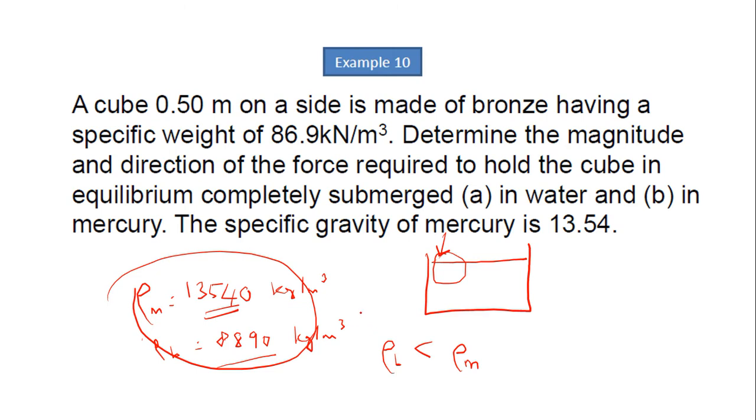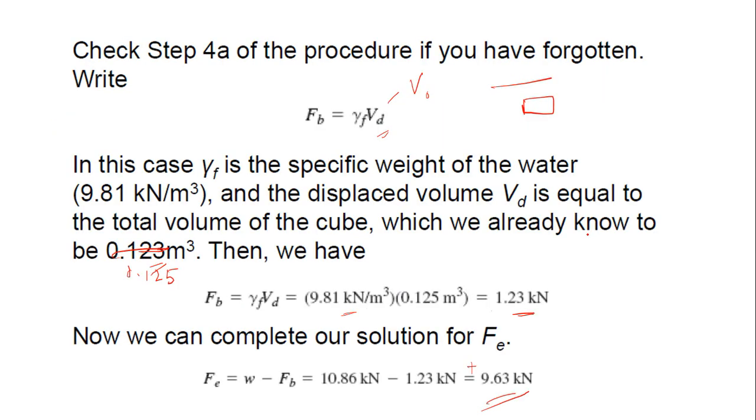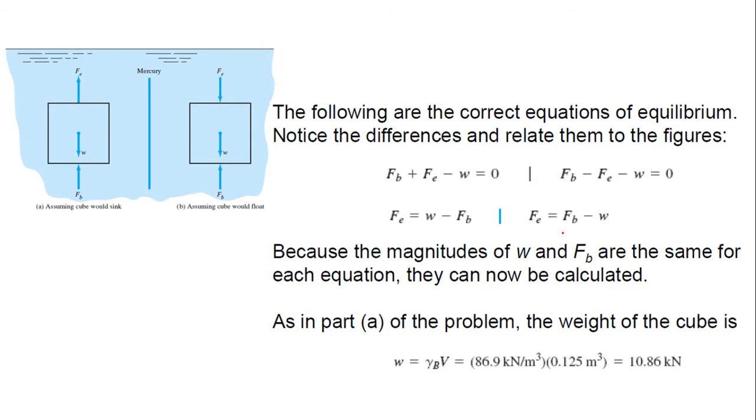Okay, let's answer part B, the second question. This is the bronze inside the mercury. You have to assume whether your Fe is upward or downward, by using calculation, so you don't use the property of density to guess the direction of the force.